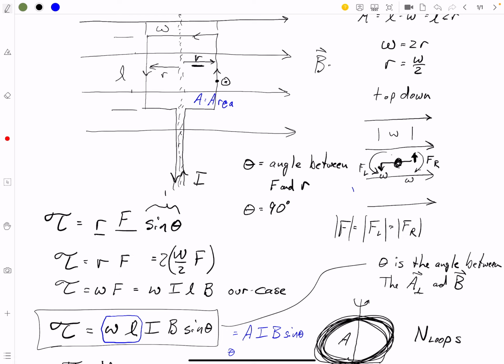So that's where theta comes in, and this equation then is equivalent.